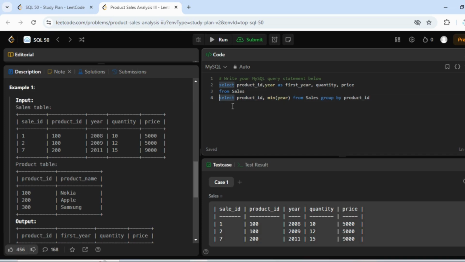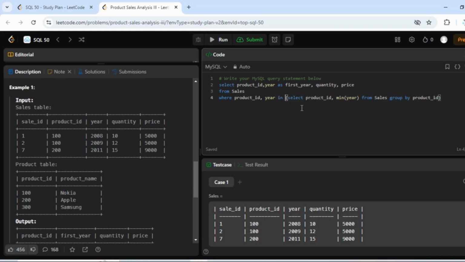Now I am going to merge this by providing a condition where product ID and year are in this subquery. I have to make sure the product ID and the year are taken from this subquery.